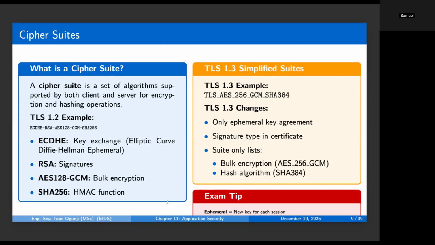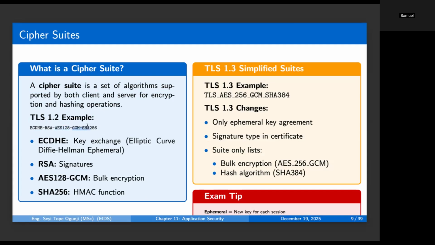For instance, we have ECDHE, that is elliptic curve Diffie-Hellman ephemeral. We have talked about this. The RSA, the Rivest-Shamir-Adleman, the AES 128, that's the Advanced Encryption Standard with 128 key bits. Then this GCM is Galois/Counter Mode.